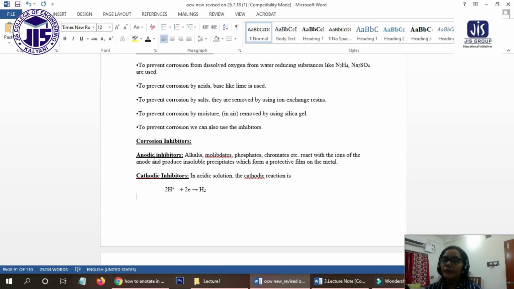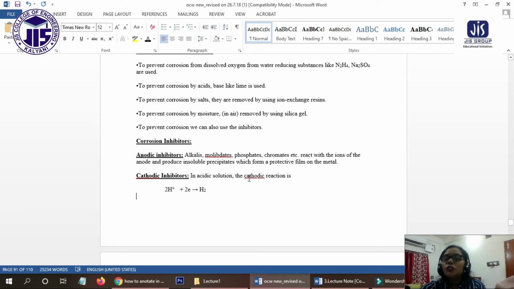And cathodic inhibitors means that can prevent the cathodic reactions. Okay, anodic inhibitors generally, examples are alkalis, molybdates, phosphates.